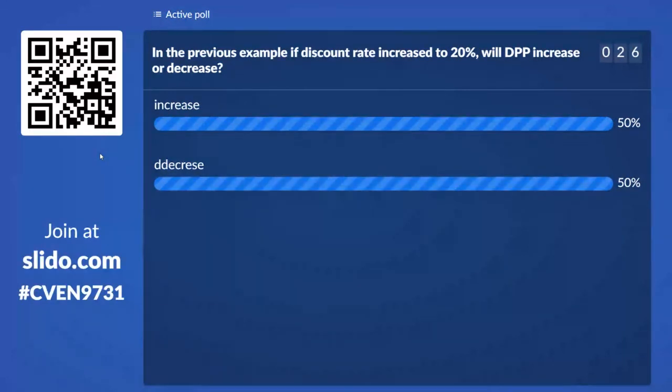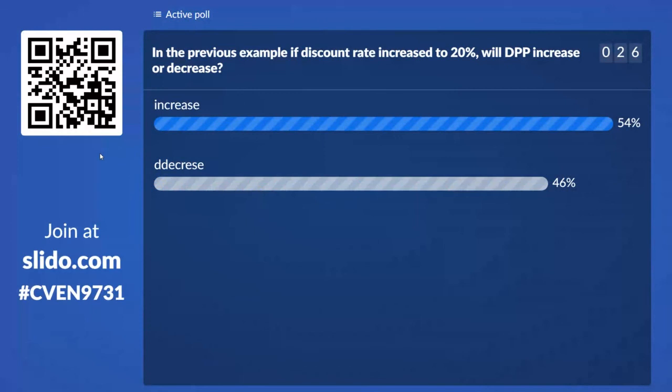Okay, the correct answer is that when you increase the discount rate, your discounted cash flow is going to be less. So the net present value of money is going to be less. So it takes more time for you to get to the break-even point, where your net present value goes to the positive territory.